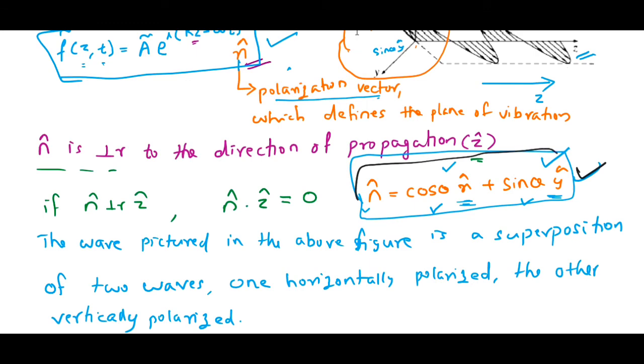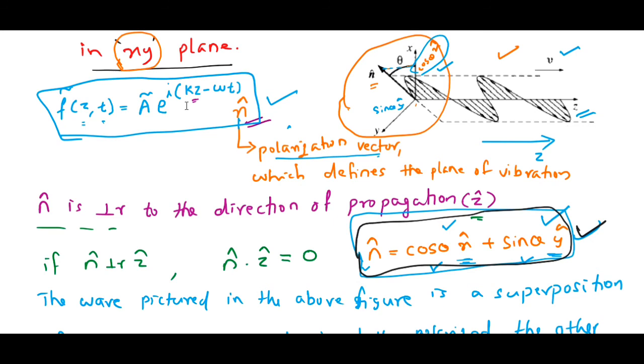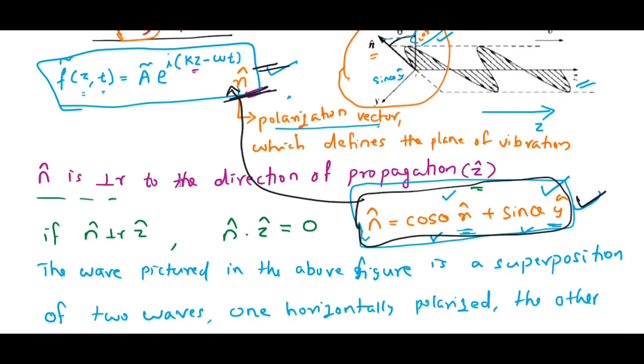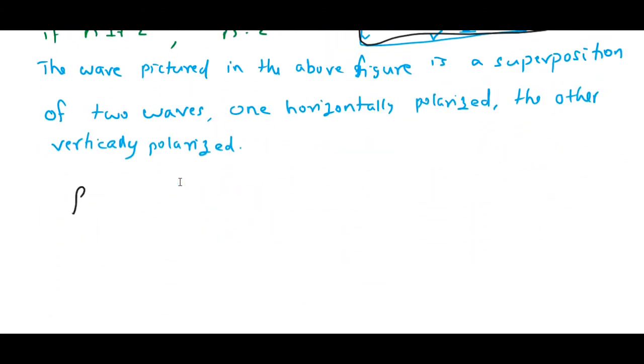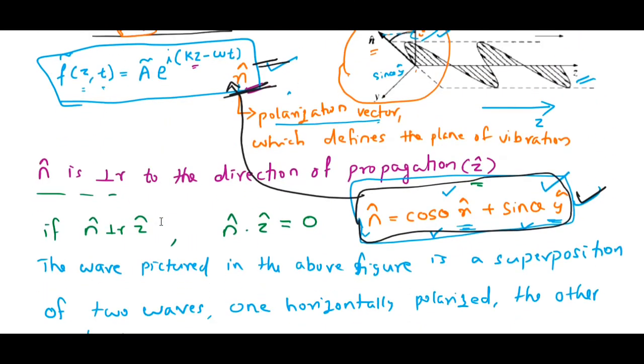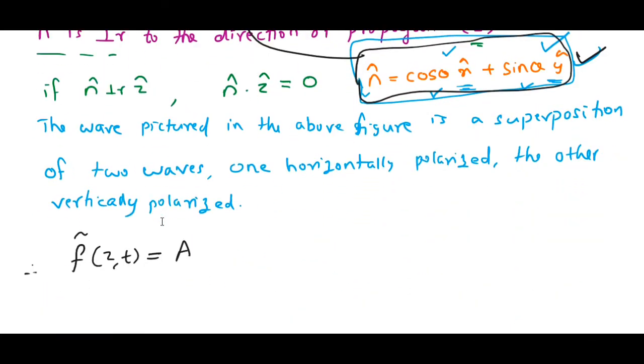Therefore, I can substitute this n into the equation of the polarized wave. That is, I can substitute here. To make the substitution, first I will write the polarized wave, z t, complex amplitude A, e power i kz minus omega t, vector n cap.